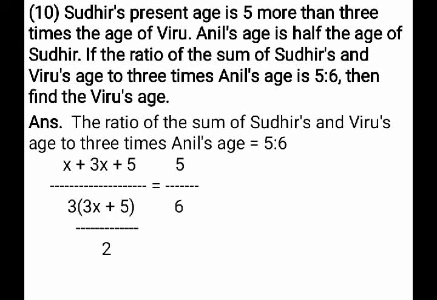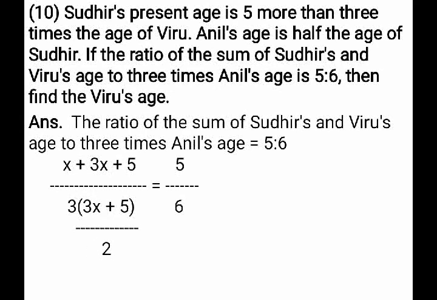Like terms which are there on numerator on left side, first you have to add this. x plus 3x is 4x plus 5, and on denominator 3(3x + 5), on numerator you have to use the formula of a into (b + c). Denominator 2 write as it is.